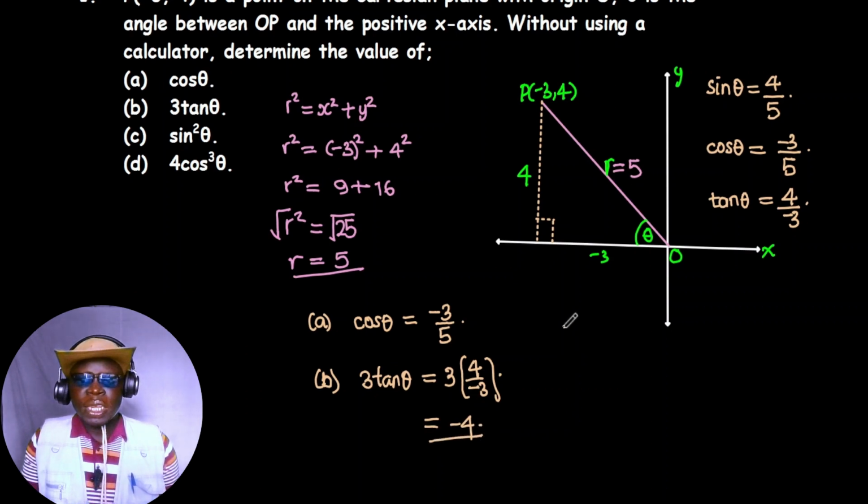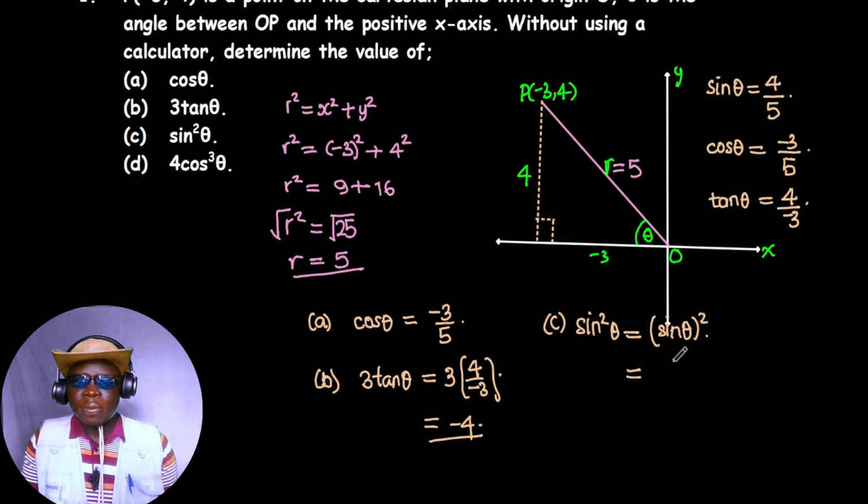So let's move on again and answer part C of the question, which says sine square theta. We can remove this square out and write it as sine theta square. Let us go on and make our substitution here, and we have sine theta is 4 over 5. So we can square.